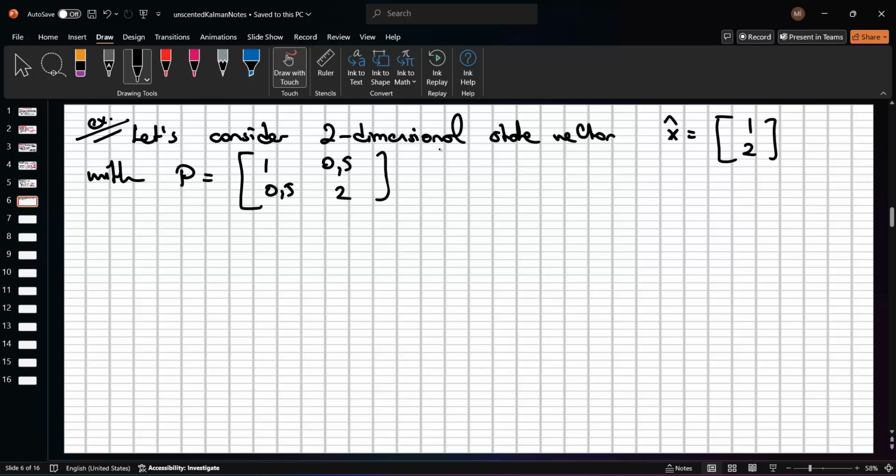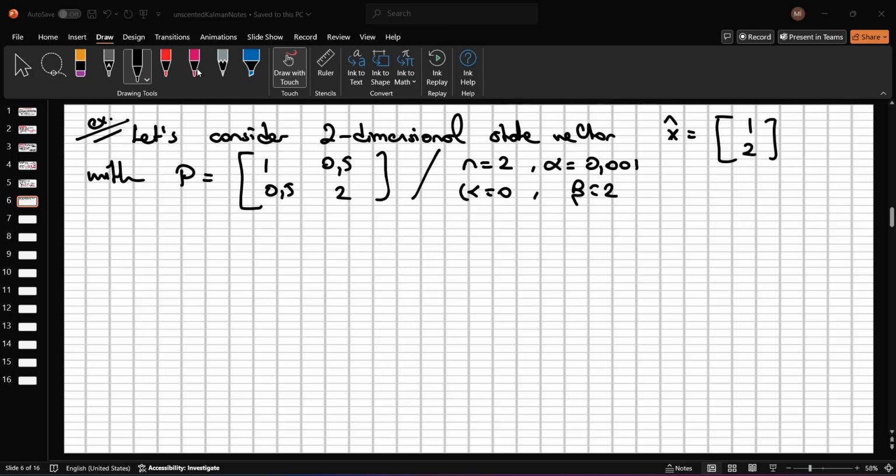We can select n equal to 2, alpha maybe equal to 0.001, kappa maybe 0, and beta is normally 2. And so how can we calculate all the parameters?